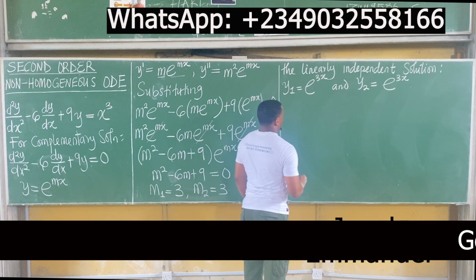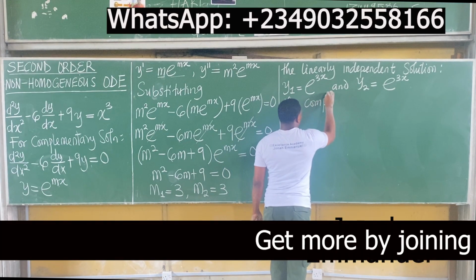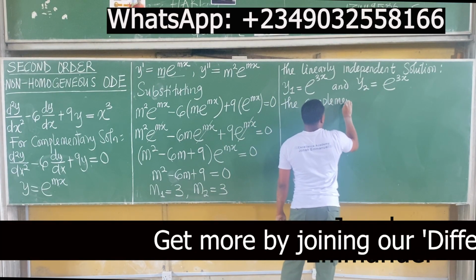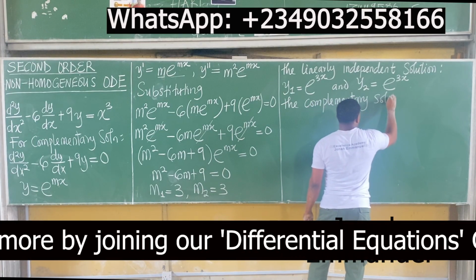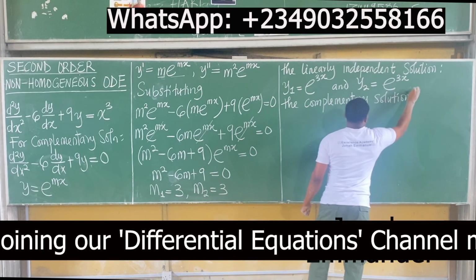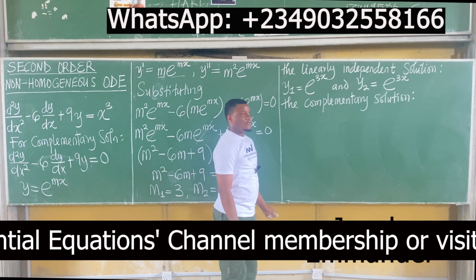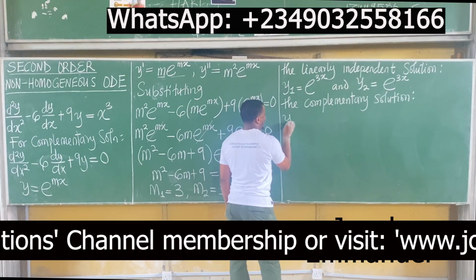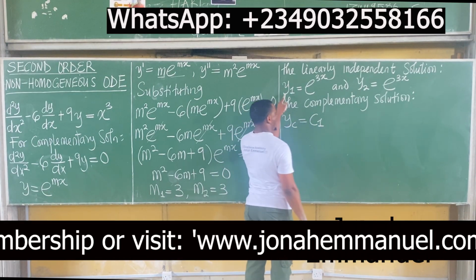What's now the complementary solution? The complementary solution. Now this would always change depending on the kind of root. For equal roots, you have that yc is equal to c1 times y1.